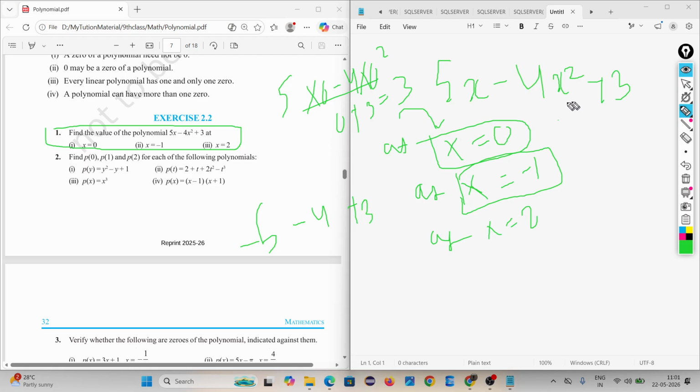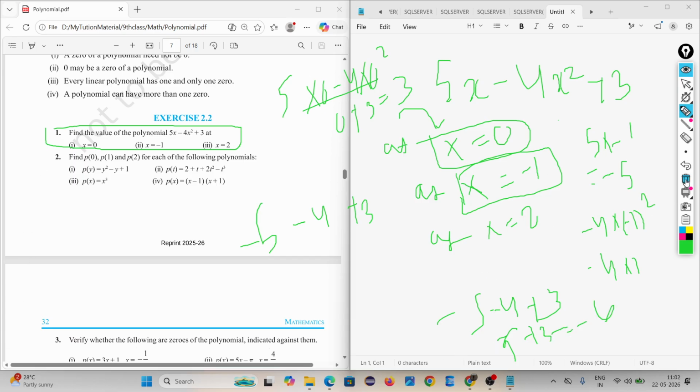Minus 4 into minus 1 square, that is minus 4 into 1. So minus 5 minus 4 plus 3, minus 9 plus 3, it will be minus 6.